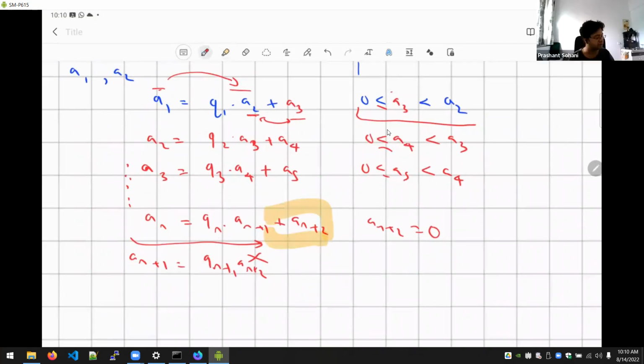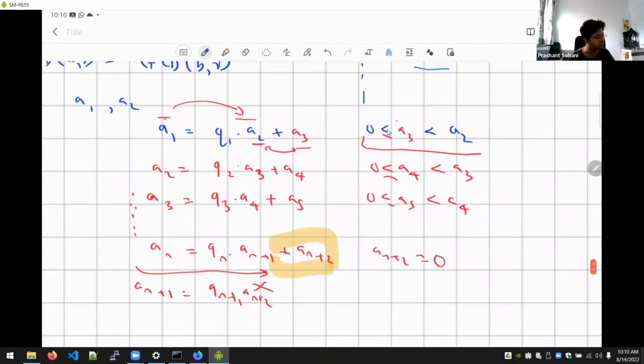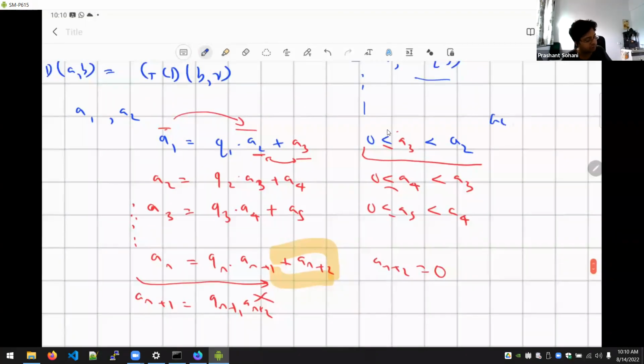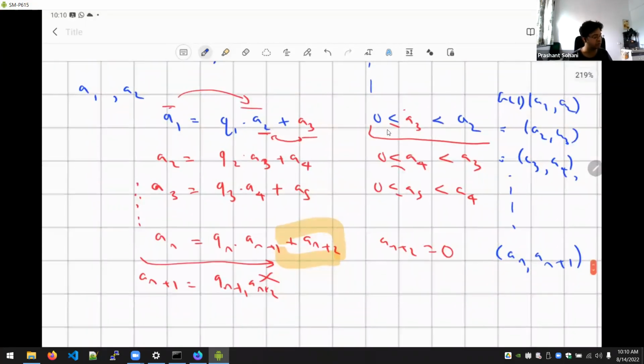And as we said, the chain of GCDs goes all the way from the start to the end. So the GCD of A1 and A2 will be equal to the GCD of A2 and A3, which is the GCD of A3 and A4, all the way to the last pair, the GCD of the last two terms we wrote, An and An plus 1. And if the remainder An plus 2 is 0, it means that An plus 1 divides An.